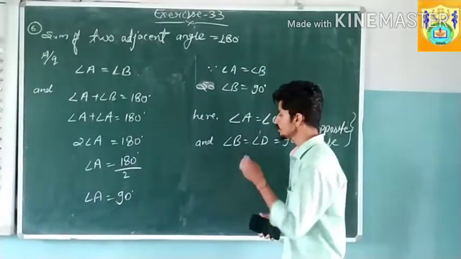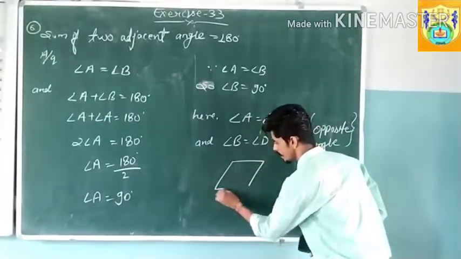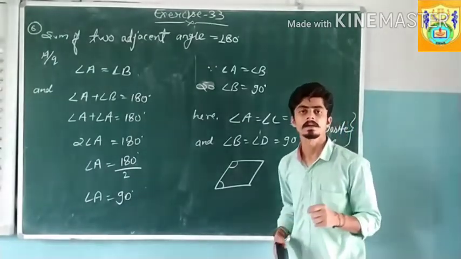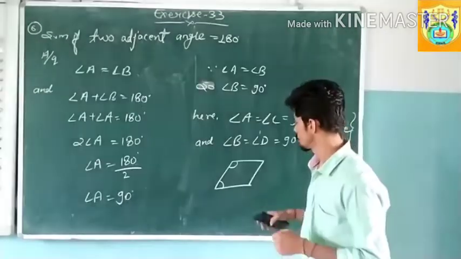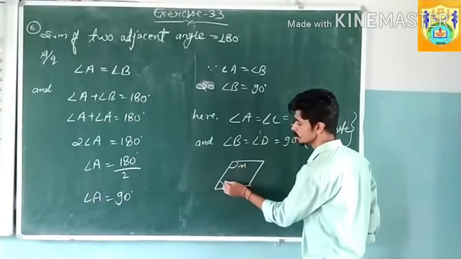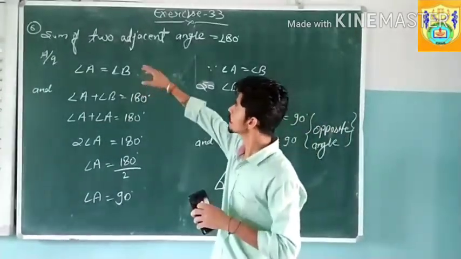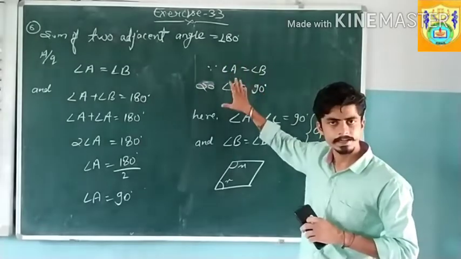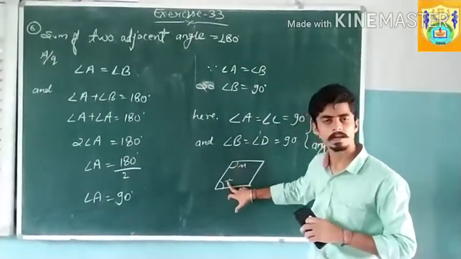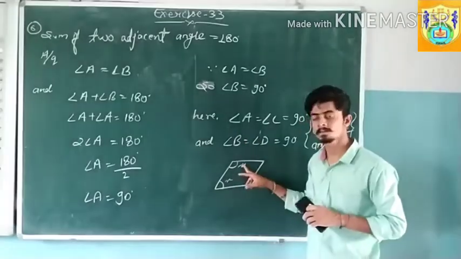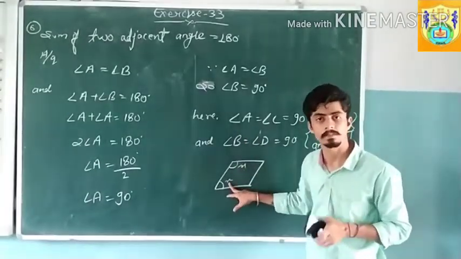Suppose that there is a parallelogram and two adjacent angles having equal measure. So suppose that this is x, it will also be x. As we know that the sum of two adjacent angles is equal to 180 degrees, that means this angle and this angle will become 180 degrees, and it is given in the question that these both angles are equal in measure.